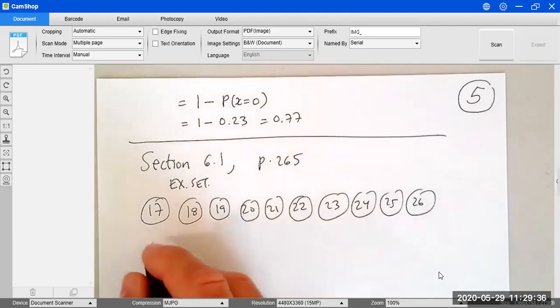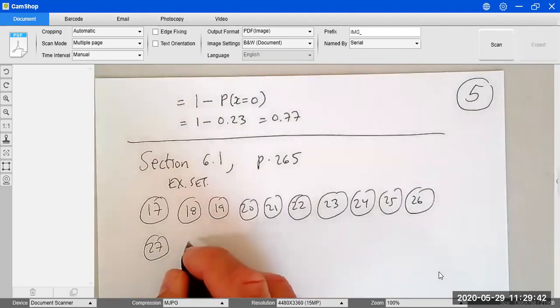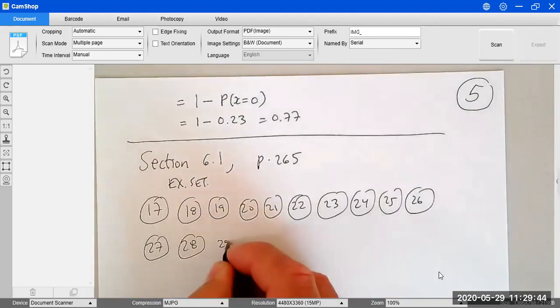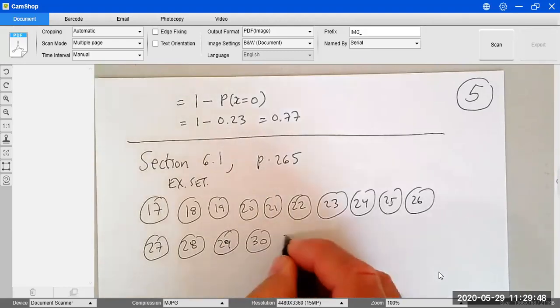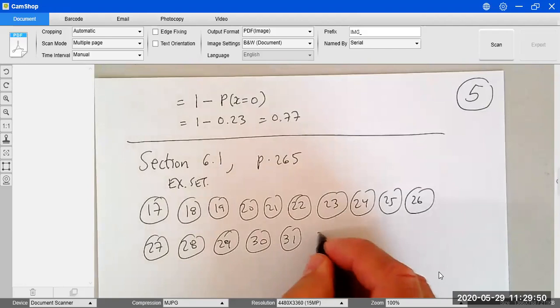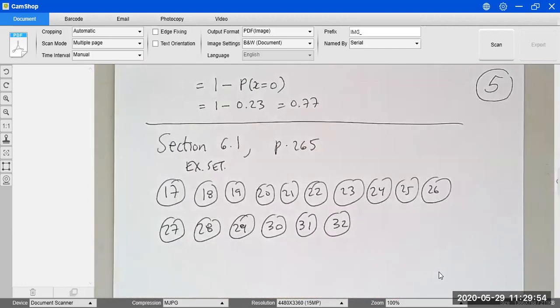Then in the next subset, we're going to continue with problems 27, 28, 29, 30, 31, and 32, and you're going to determine whether you have a probability distribution or not. So I'm going to show you the corresponding problems for you to work.